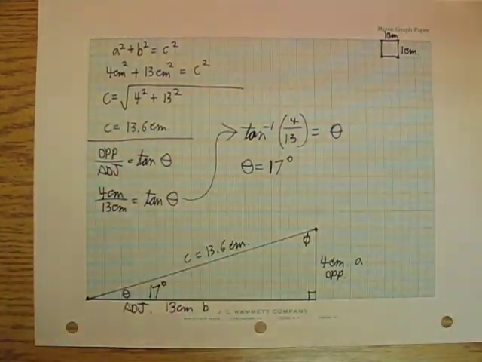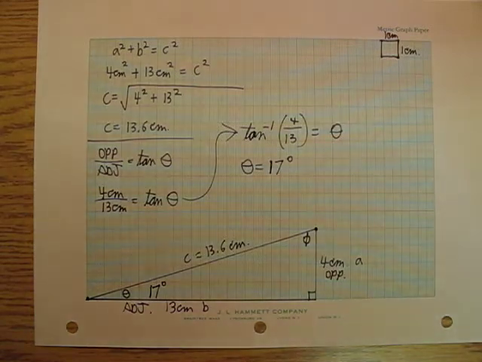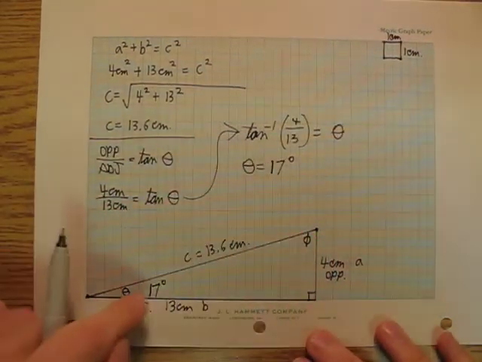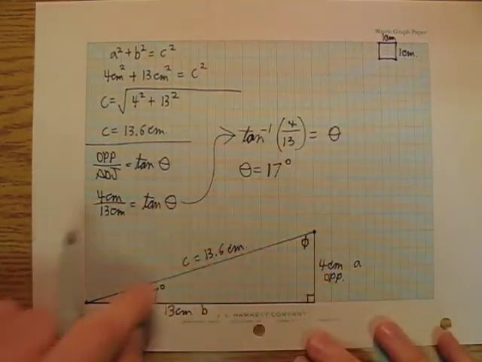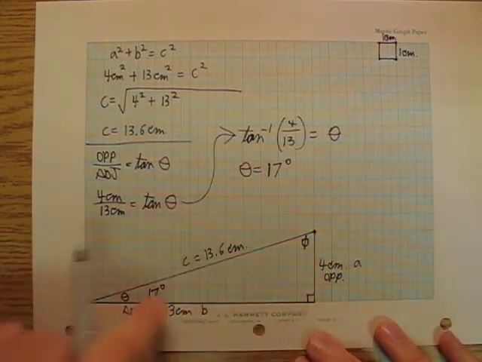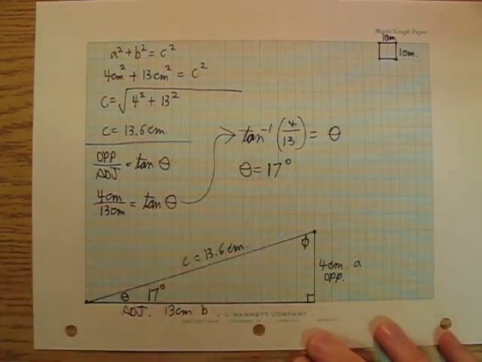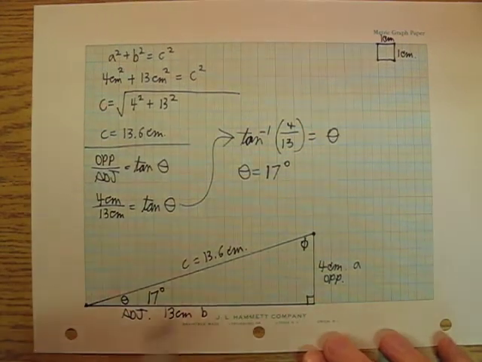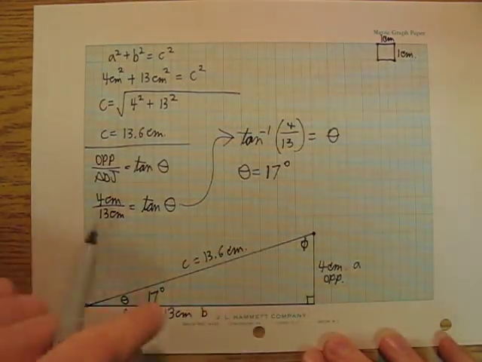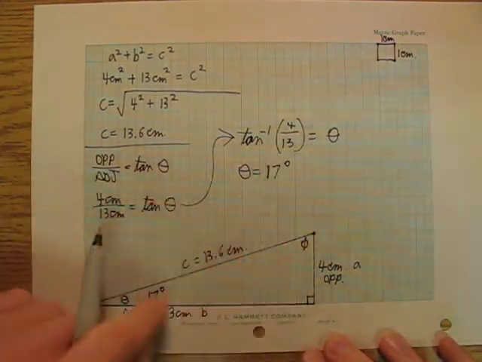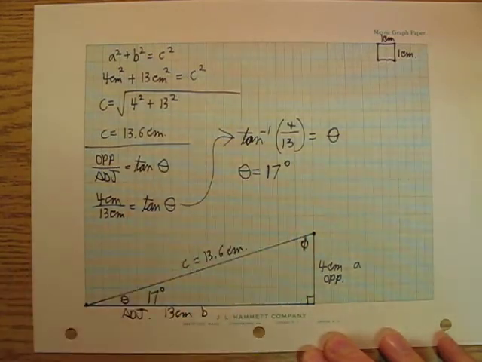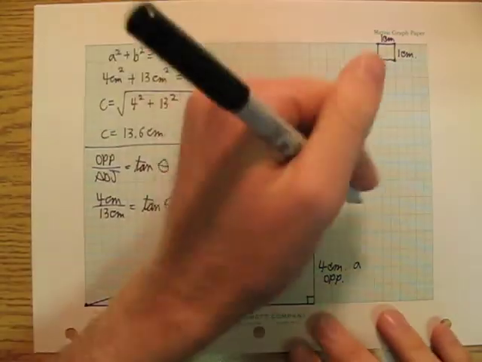Last thing is, how do I get the other angle? It's not so hard, because I know that all the angles of a triangle add up to 180 degrees. Since that's 90 degrees, I know that these two are complementary angles, and so they add up to 90 degrees.